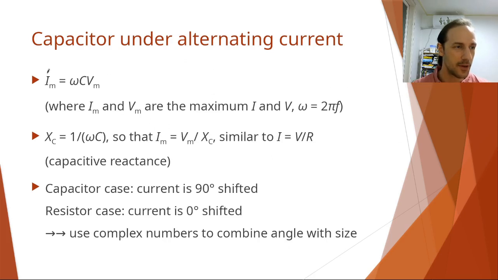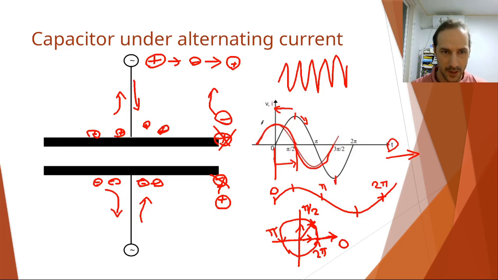Here we describe the maximum current related to the maximum voltage. If we go back here, we can see that there is a maximum current and a maximum voltage, Vm and Im. If the frequency is higher, that means this plus to minus to plus is going faster, and the charge carriers will move back and forth faster.